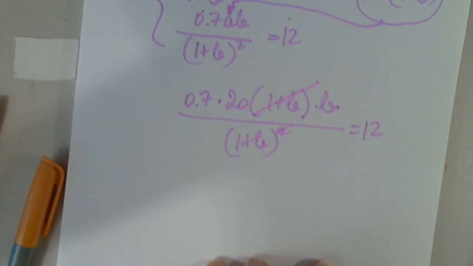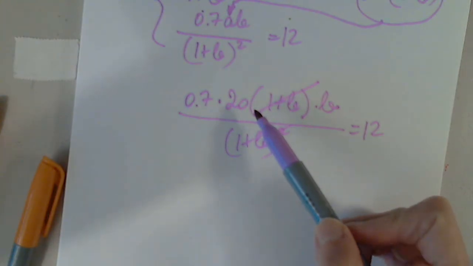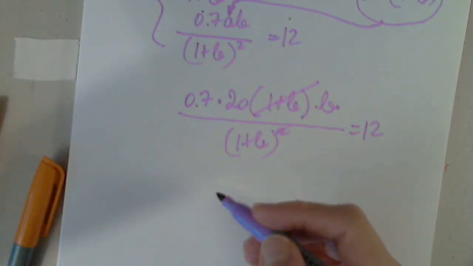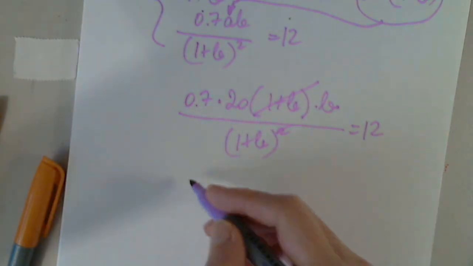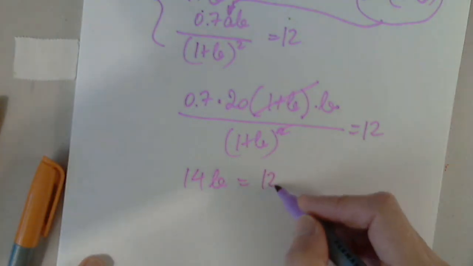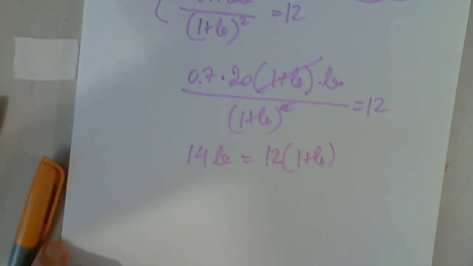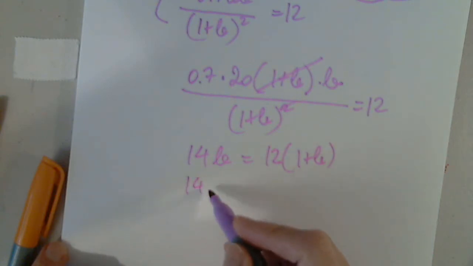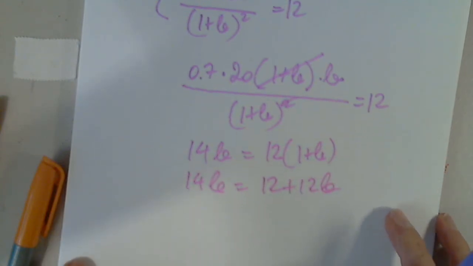And now I will cross multiply. 0.7 times 20 will be 14, right? Because this is 1.4 and a 0, so 14. And then b equals 12 in parentheses 1 plus b. So then 14b equals 12 plus 12b.